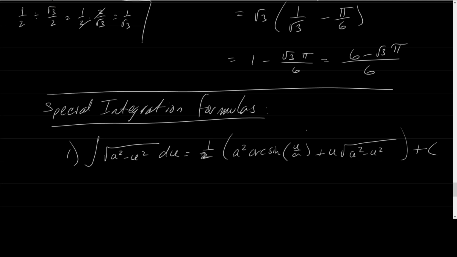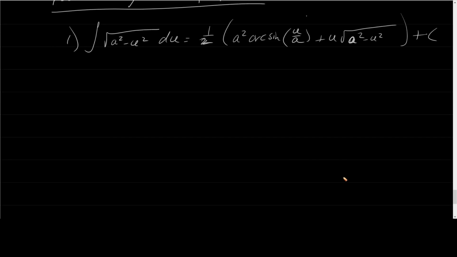And that's a u over a there, and this one was a squared minus. There we go. So that's the first one.